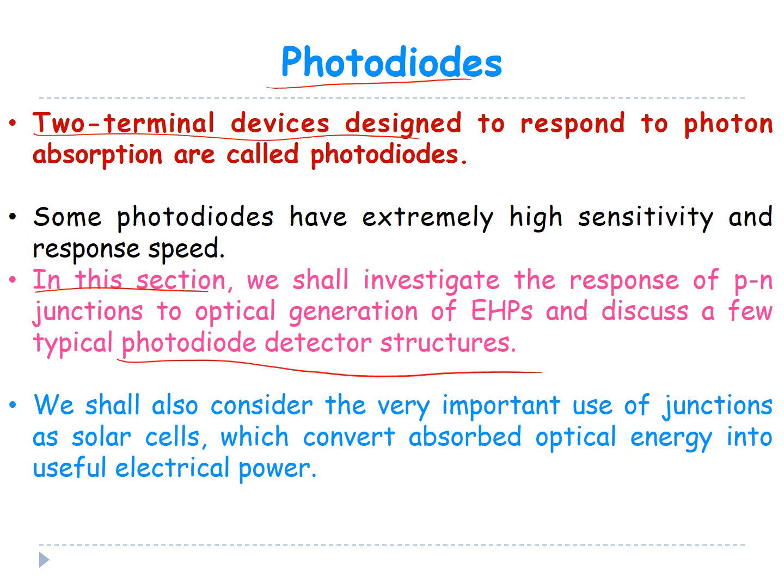We shall also consider the very important use of junctions as solar cells, which convert absorbed light energy into useful electrical power. So we will look at LEDs, photodetectors, and solar cells.